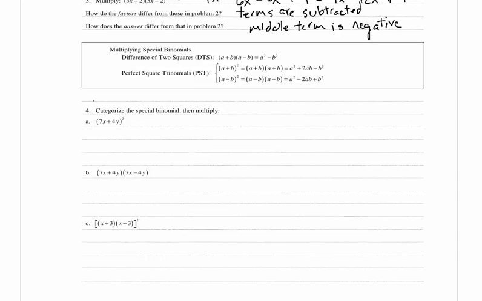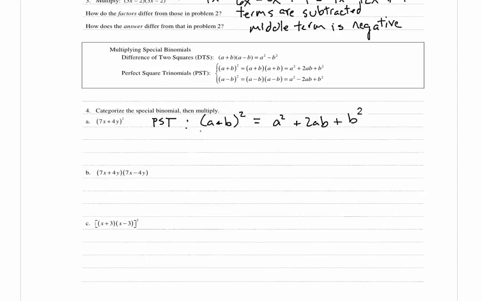In 4, it wants us to categorize the special binomial, then multiply. And we have 7x plus 4y squared, and we could say that this is going to be a perfect square trinomial, or PST, a perfect square trinomial with a positive sign. So we have a plus b squared is equal to a squared plus 2ab plus b squared.